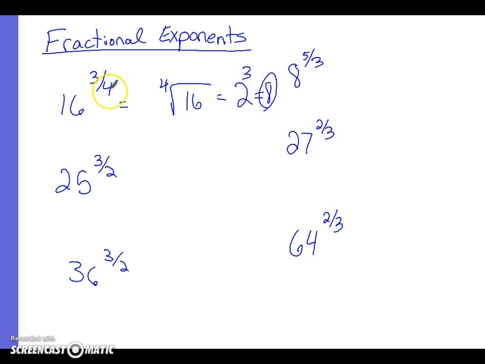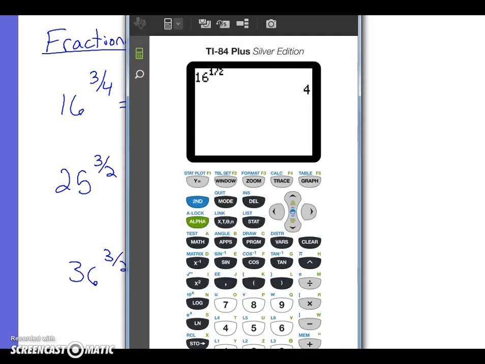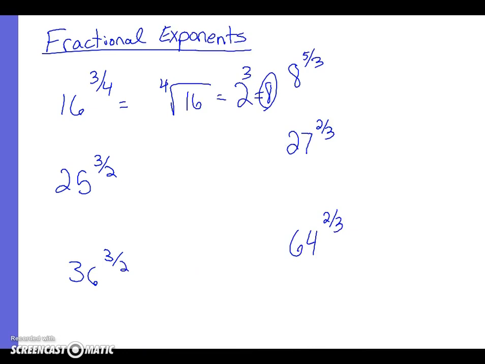So 16 to the 3/4 power. Let's check it. 16 to the 3/4 power is 8. So it checks out, and we can do this without the use of a calculator. You can actually do many of these problems quicker without a calculator. So 25 to the 3/2 power. Where do you start?